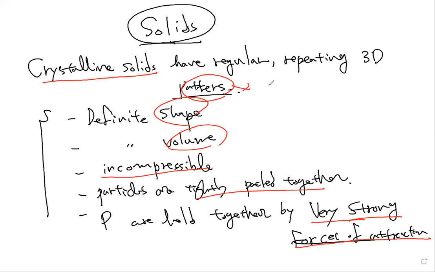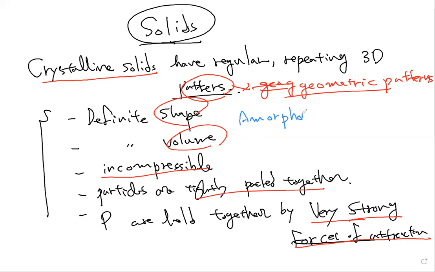We can say this is a three-dimensional geometric pattern. Then we have amorphous solids. Have you heard this?